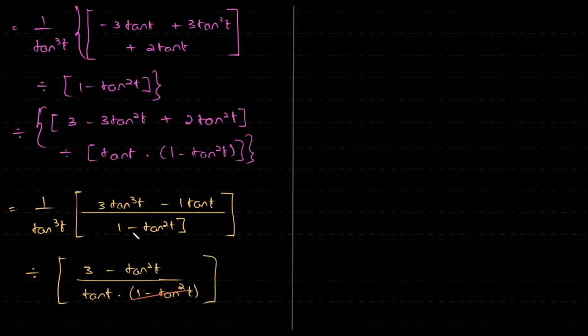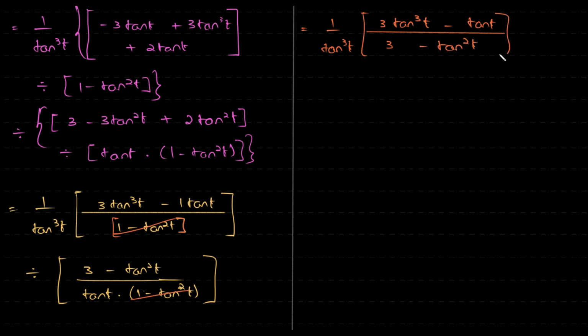So 1 minus tan square t is common, that will get cut. And then we have 1 by tan cube t, brackets open. In the numerator we have 3 tan cube t minus tan t. This entire expression divided with 3 minus tan square t, and this tan t will go to the numerator, so we have into tan t.